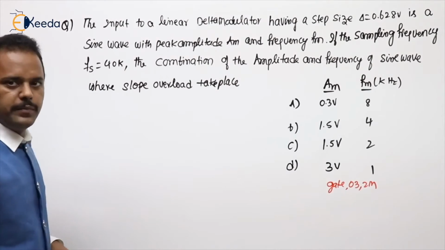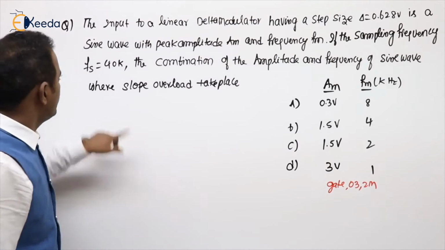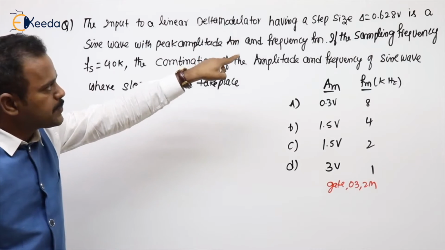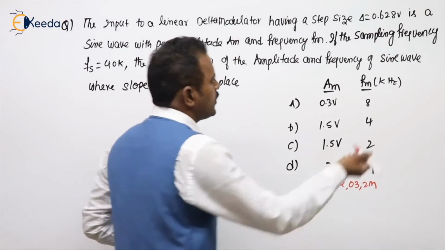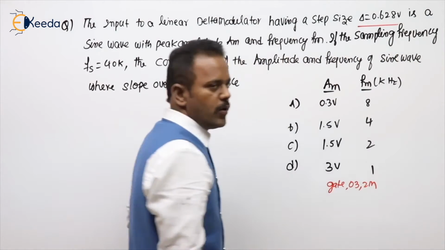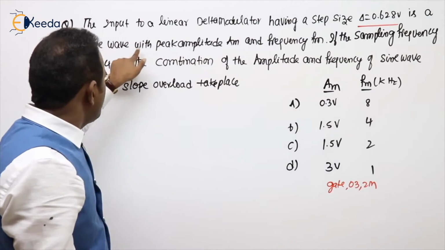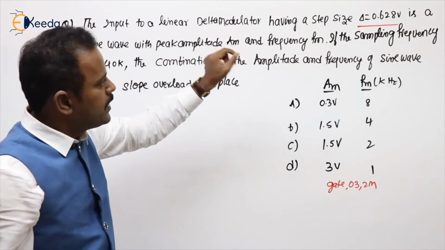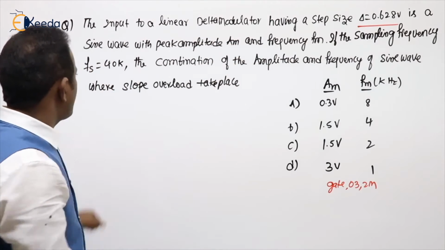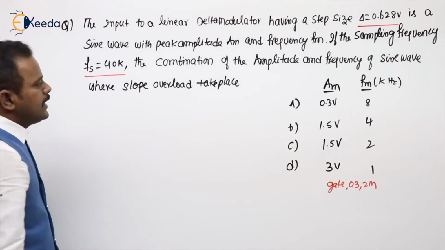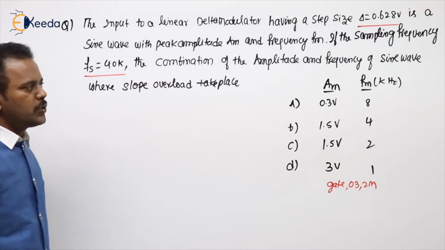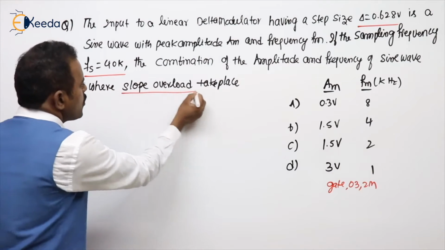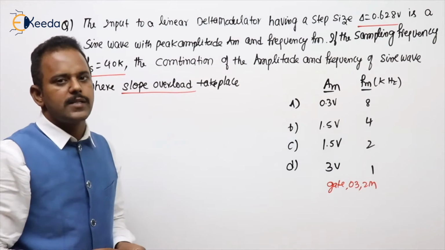See the next problem. This is on delta modulation. The input to a linear delta modulator having a step size delta equal to 0.628 volt is a sine wave with peak amplitude AM and a frequency FM. If the sampling frequency Fs is 40K, find the combination of the amplitude and the frequency of the sine wave where slope overload will take place.